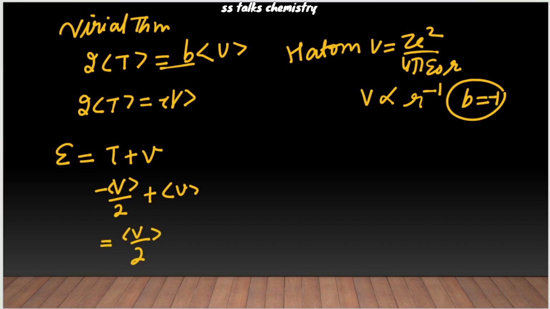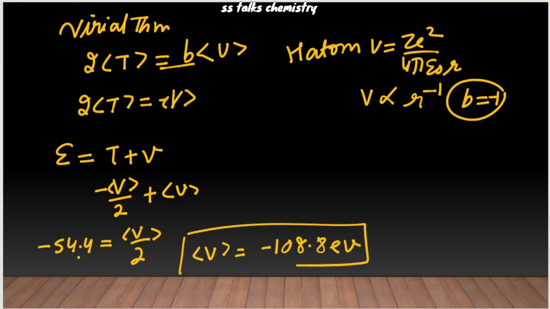So that is equal to the energy, which is minus 54.4 electron volt. So potential energy we are getting is minus 108.8 electron volts. So this is going to be the answer.